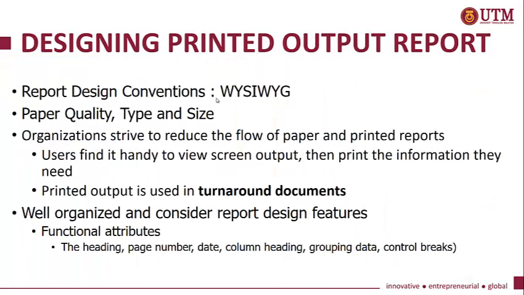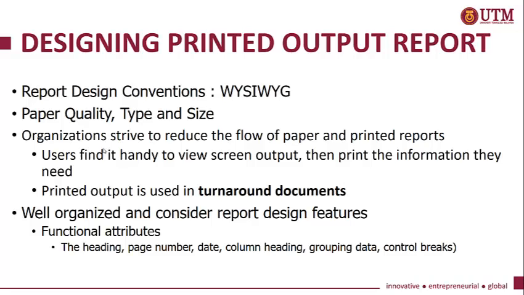Printed output reports are actually reports that you design based on the conventional approach, meaning what you see is what you get. Of course, printed output reports differ in terms of paper quality, type, and size.